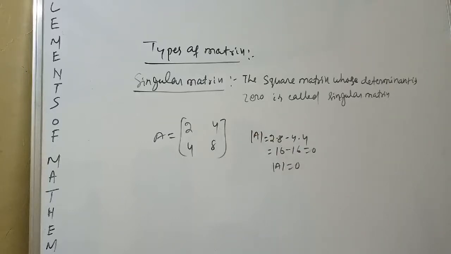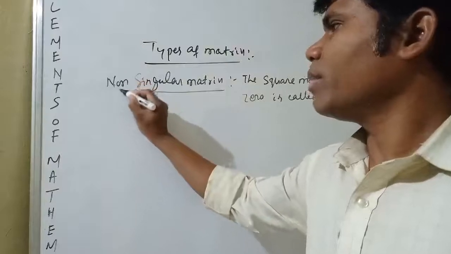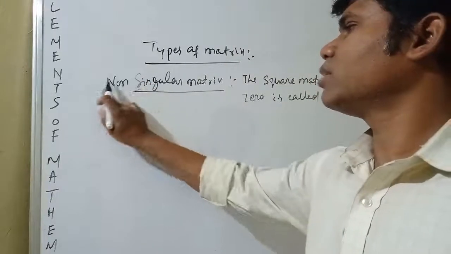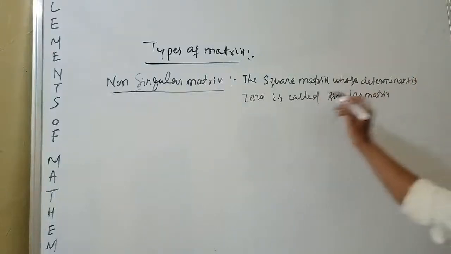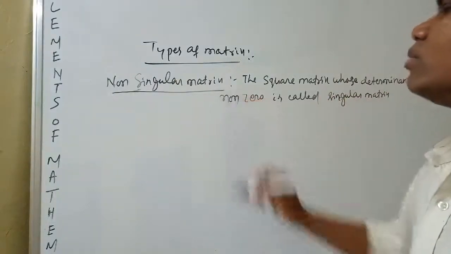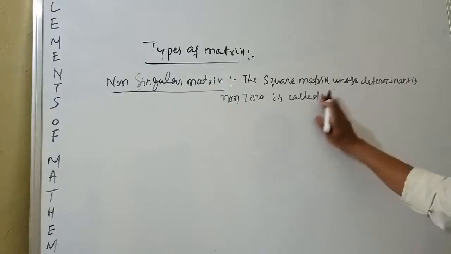Next, come to the non-singular matrix. The square matrix whose determinant is non-zero is called a non-singular matrix.